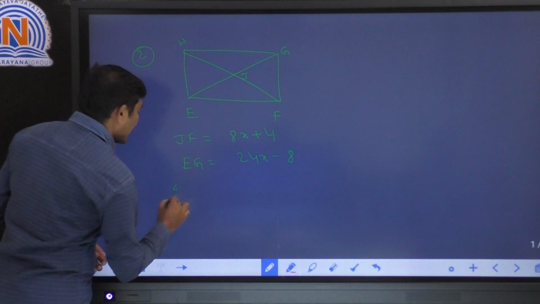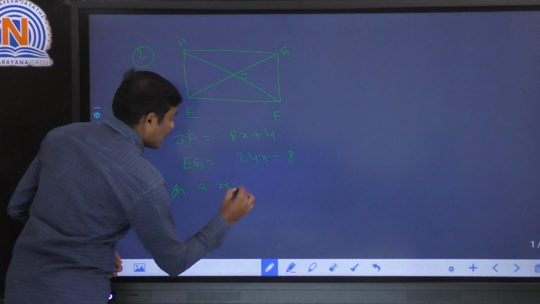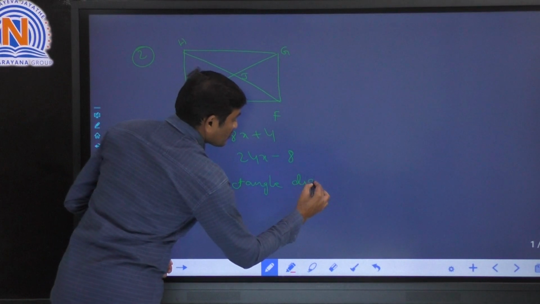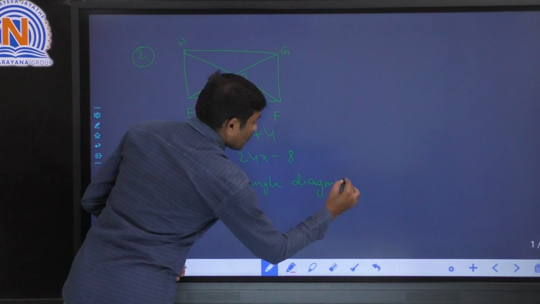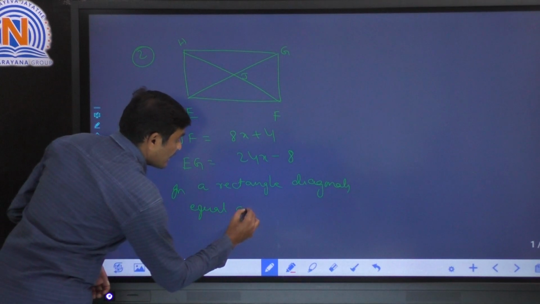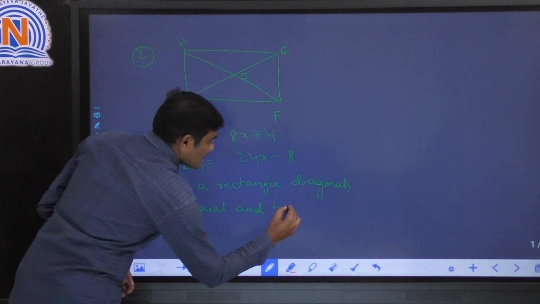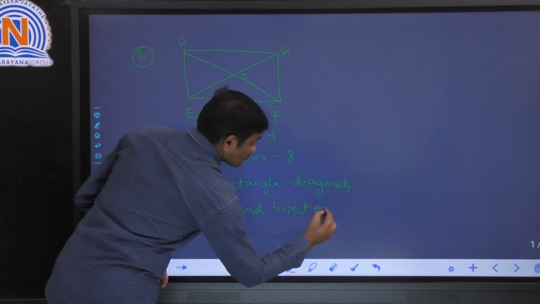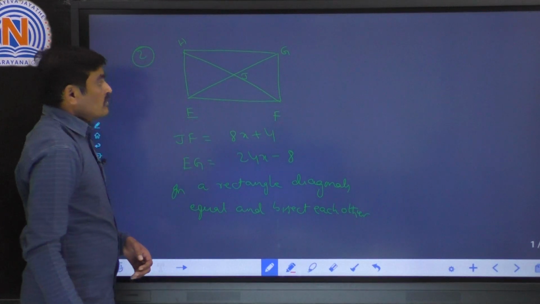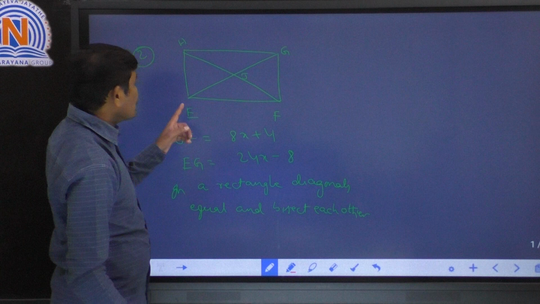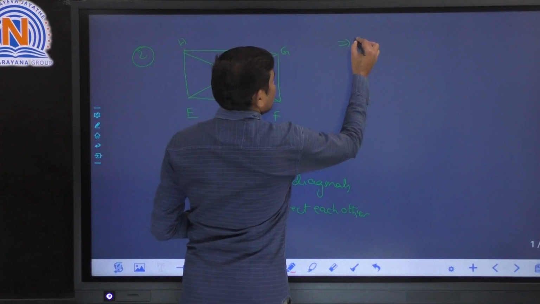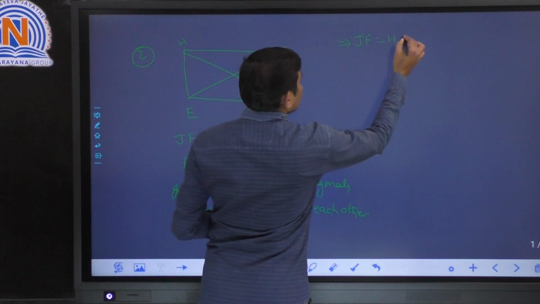In a rectangle, diagonals are equal and bisect each other. So JF is equal to HJ.